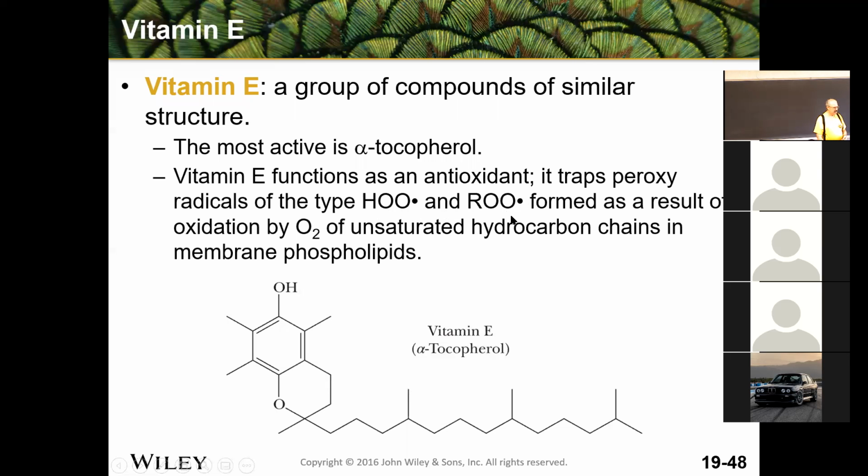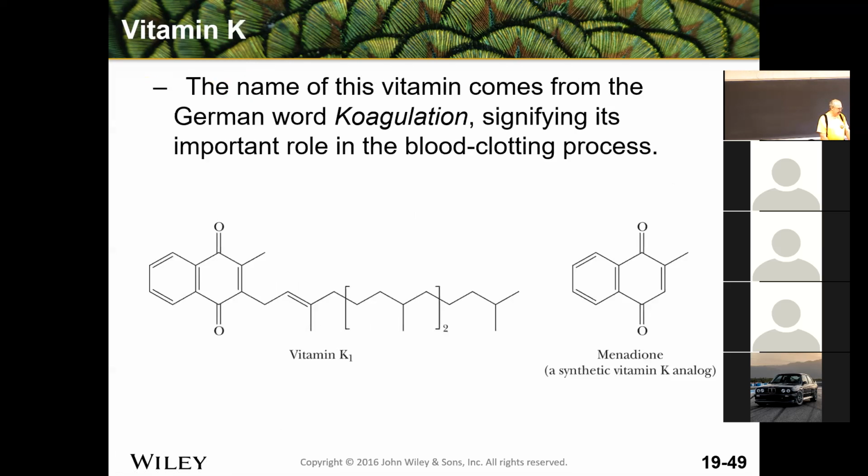These free radicals will cause chain reactions. They'll generate more free radicals. And vitamin E serves to stop that process. Vitamin C is also an antioxidant, but it's water soluble. Okay, and here's vitamin K, which is involved in coagulation.